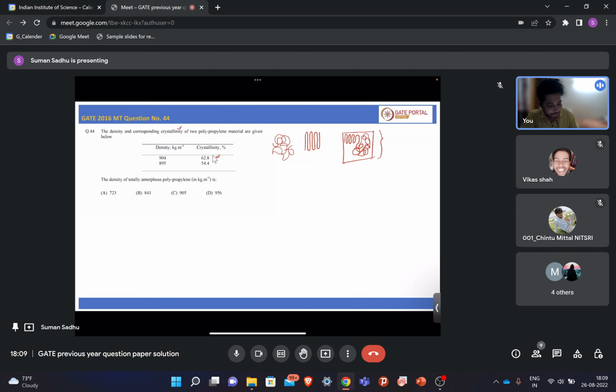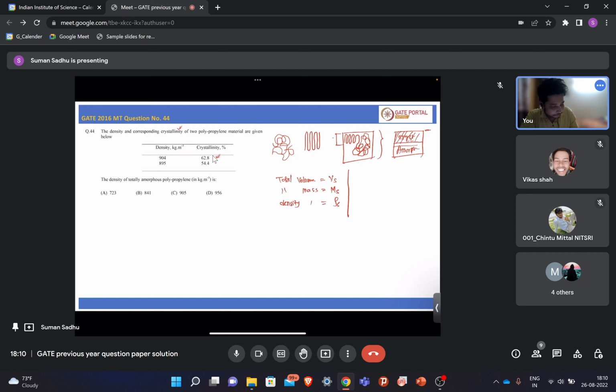To solve this question, first let us consider that this is a polymer. For simplicity, let's draw here. Let's say this part is the crystalline part, and this part is the amorphous part. Let's say the total volume of the sample is Vs, total mass is Ms, and density is rho s.